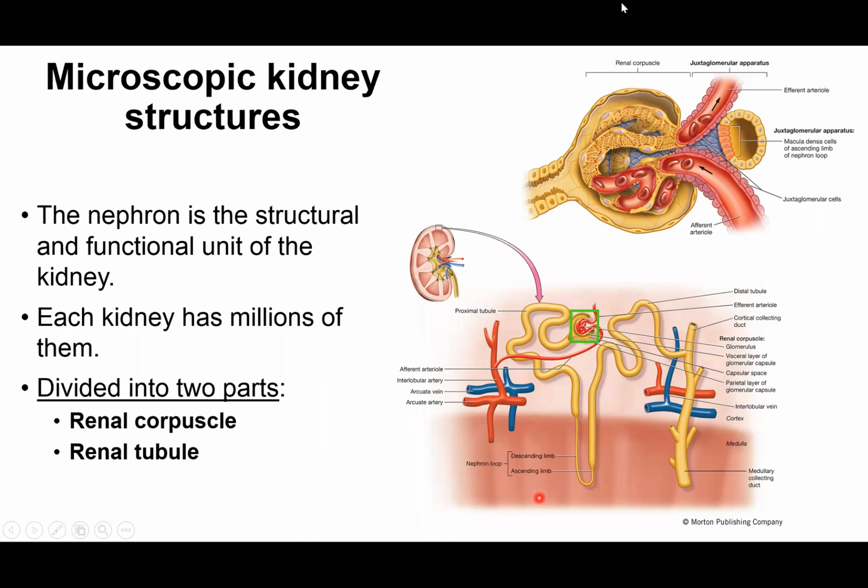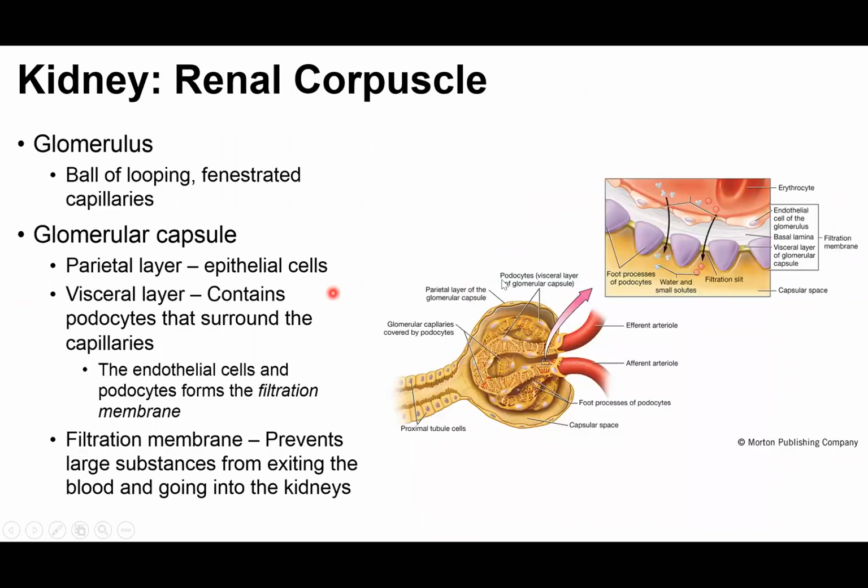Okay, so let's talk about that. Let's start with the corpuscle. So the corpuscle itself would include that glomerulus and the glomerular capsule, also called Bowman's capsule.